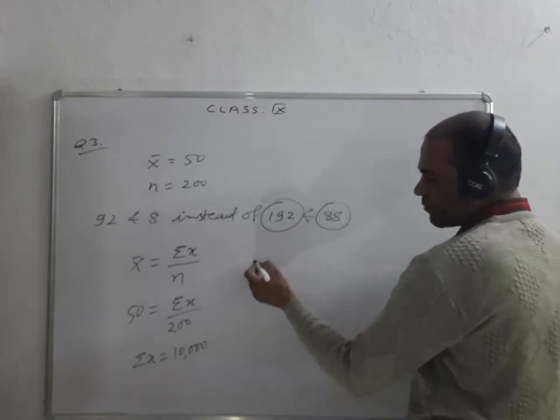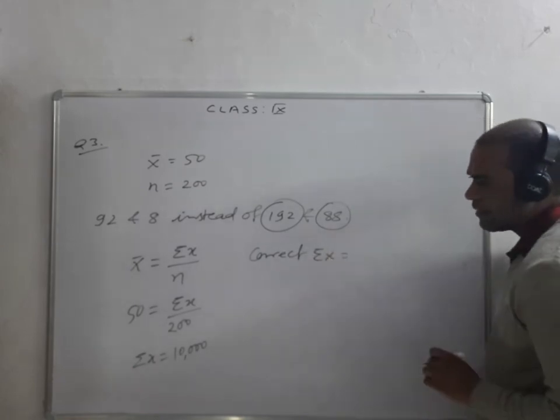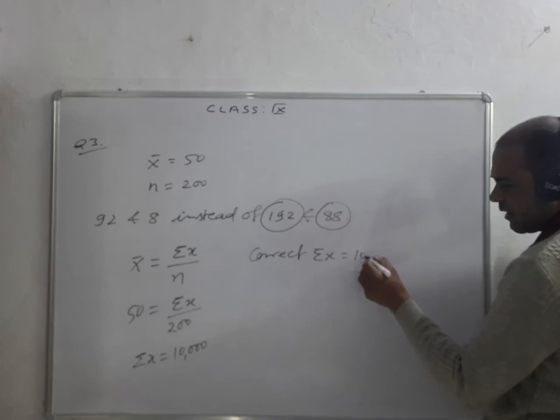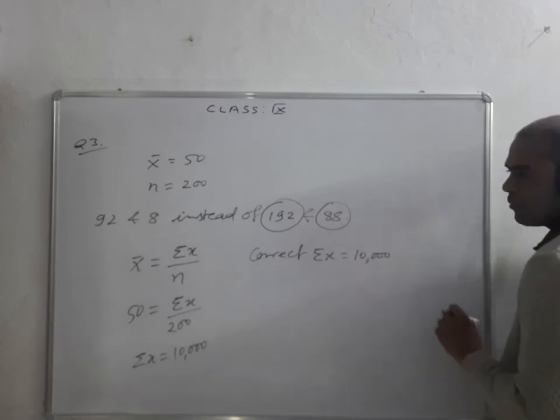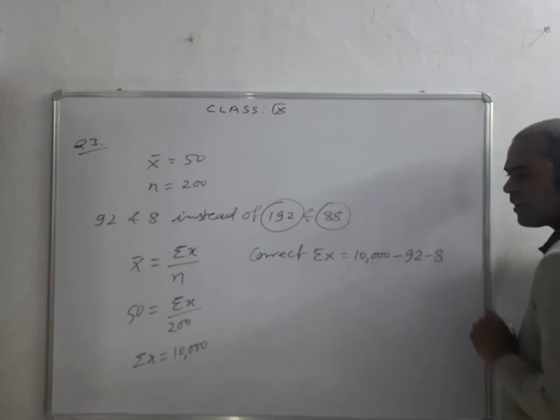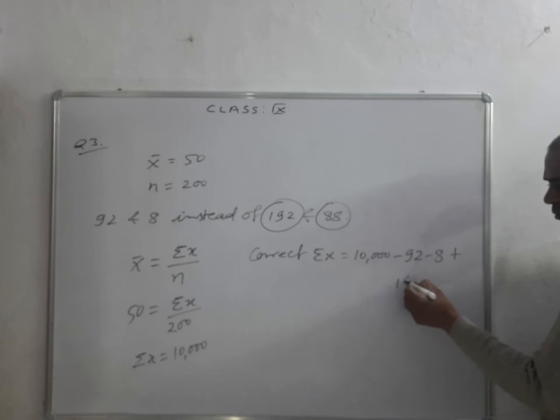So the correct sigma x, in the correct sigma x, the summation of x is 10,000 minus 92 and 8 and plus 192 and 88.